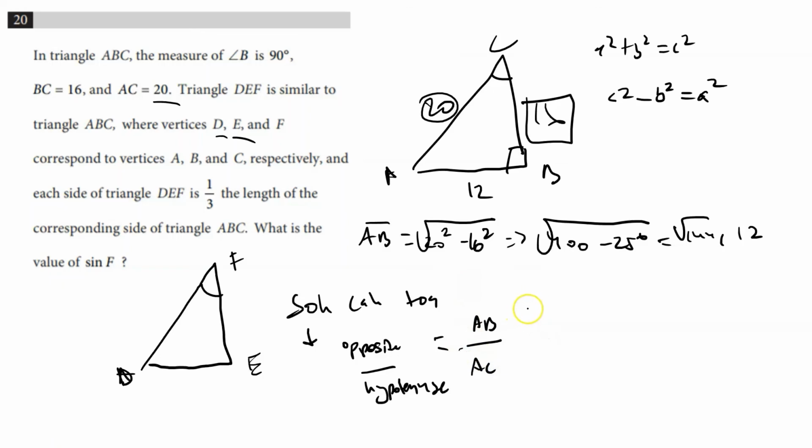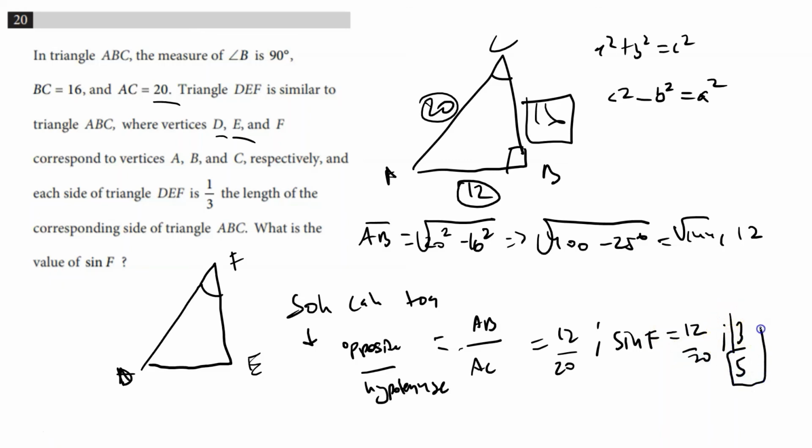So we have AB over AC, and AB is 12, while AC is 20. So sine F equals 12 over 20, or if we simplify this, 3/5. And that is our final answer.